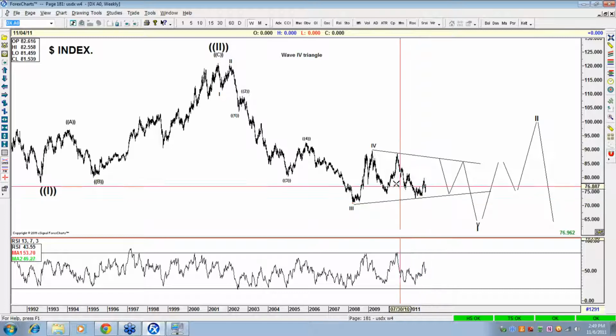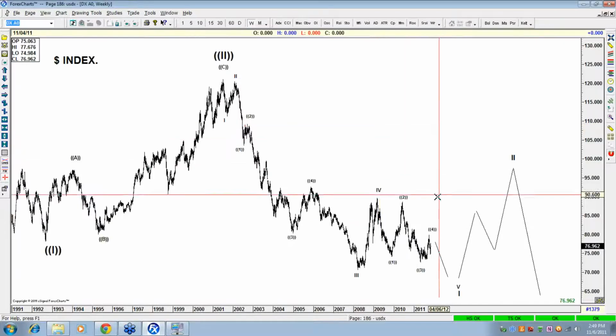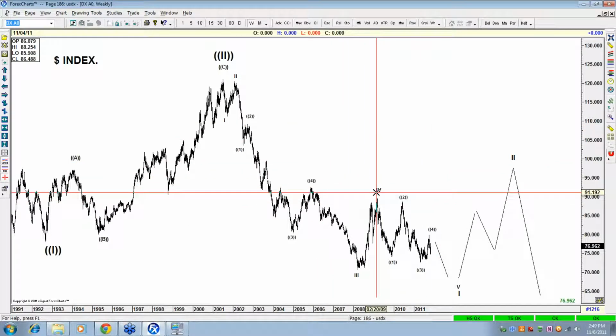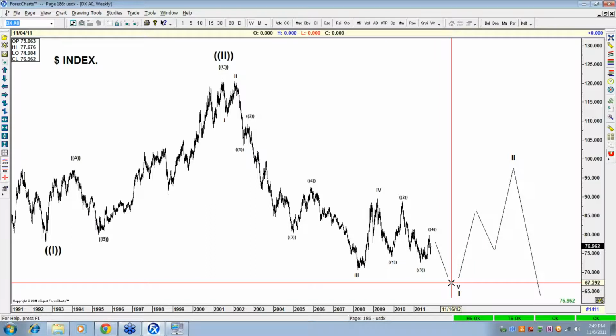And that's the point. That's why if you check on the side, there are 3 different labelings of the dollar. Another one is this one. It's an ending diagonal from here. It's very possible, and you get one new low on the dollar.